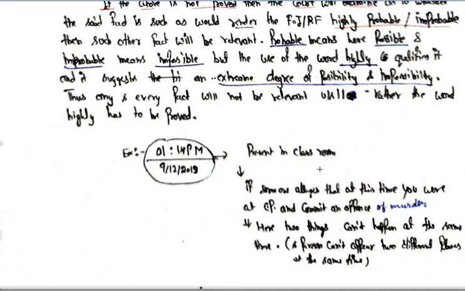He was in the class when the first class ended and the second class started, at both times. Suppose the first class ended at 1 PM and another class starts at 1:40, he was in class at 1 PM and 1:40 also. So that fact is not relevant under section 11.